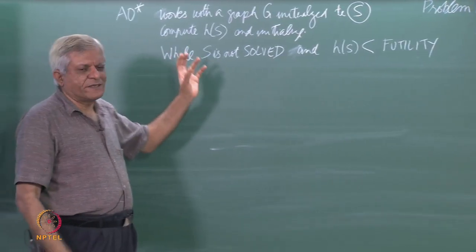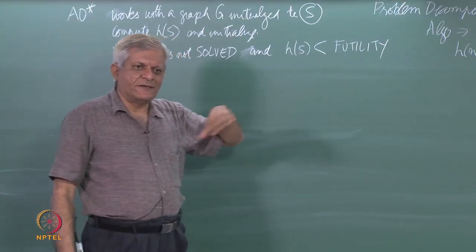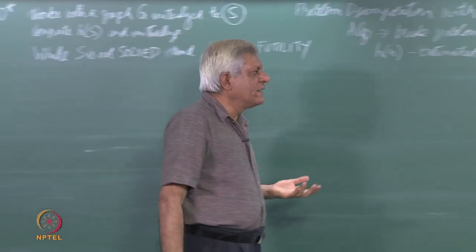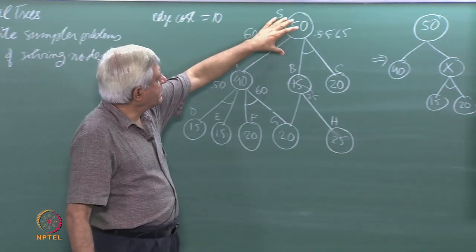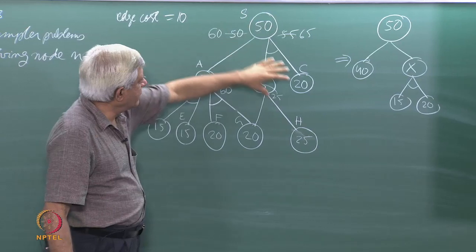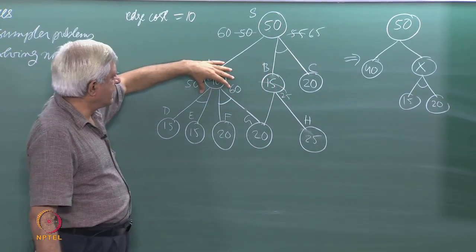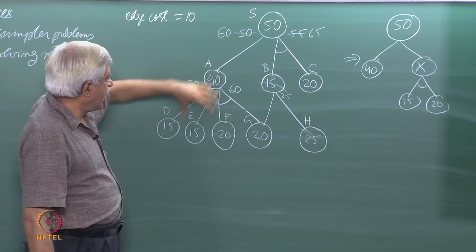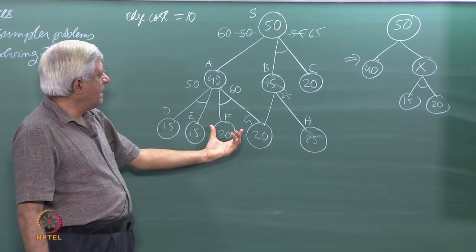Of course, in the initial stage the graph has only one node, but at something like this stage the graph has evolved, and so let me get back to this question. I started by expanding this root node S, I got these 3 nodes, then because this was cheaper than these 2 combined I expanded this next, I got this option and this option. So, let us call them the DE option and the FG option.